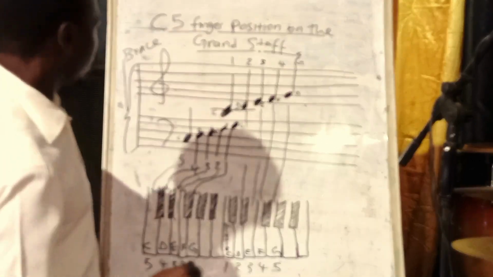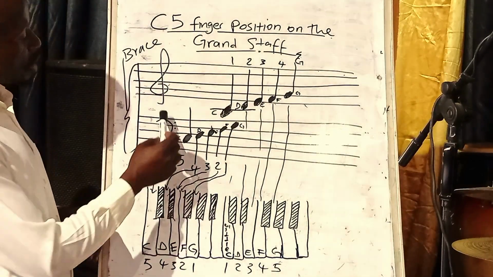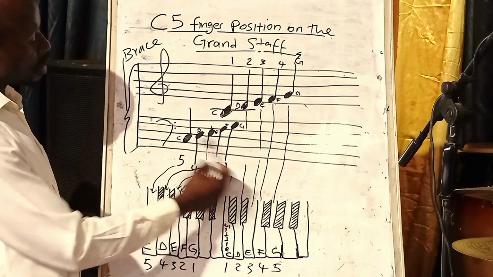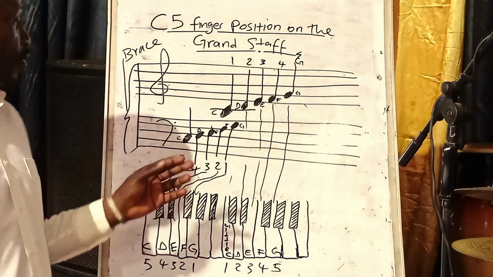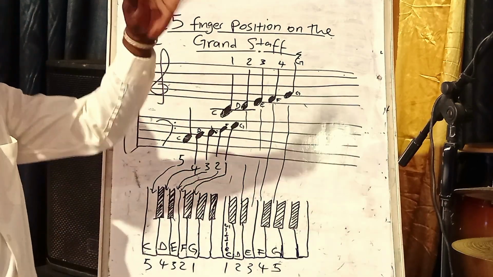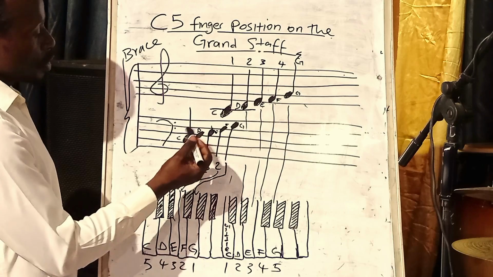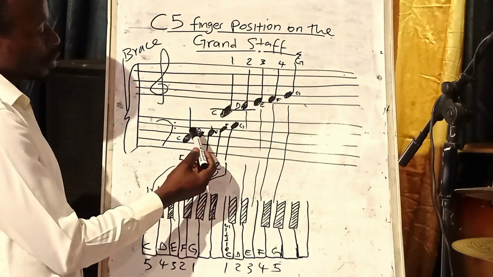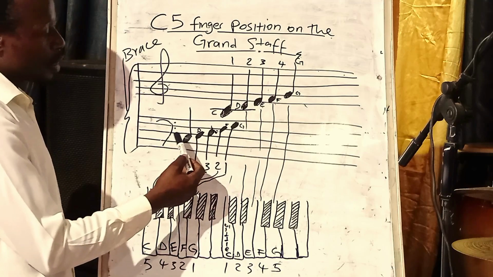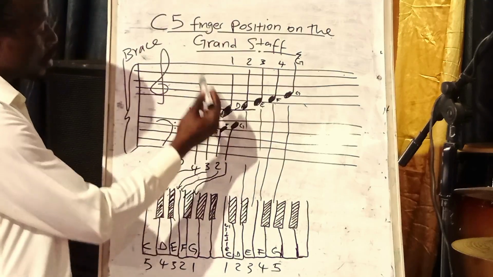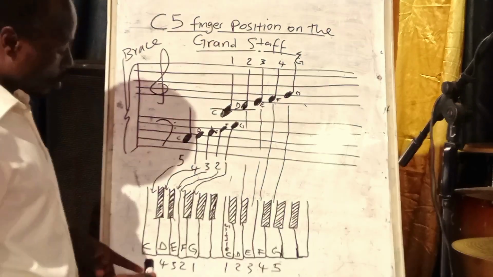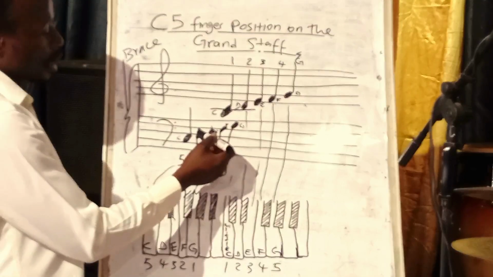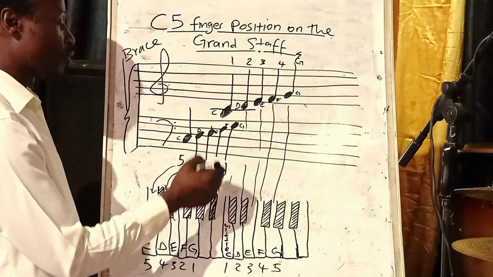Then on the left hand, we have the bass clef and the bass staff. I said bass clef and the bass staff means you're going to play using your left hand. So we get C in the second space, and that is played with your finger 5. Then D comes on the third line, finger 4.